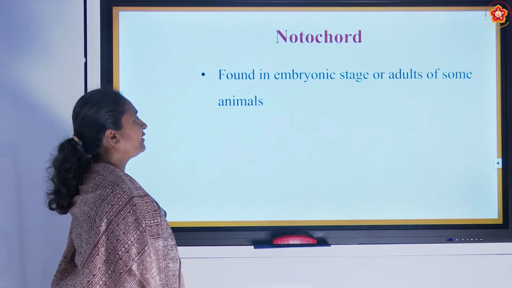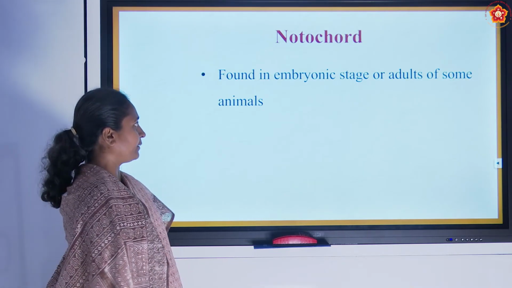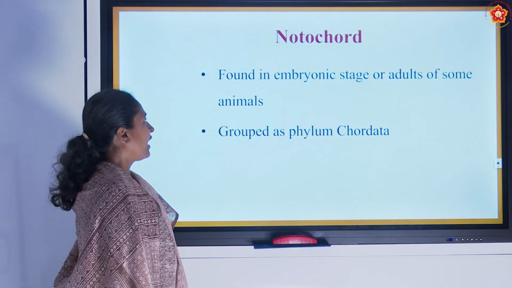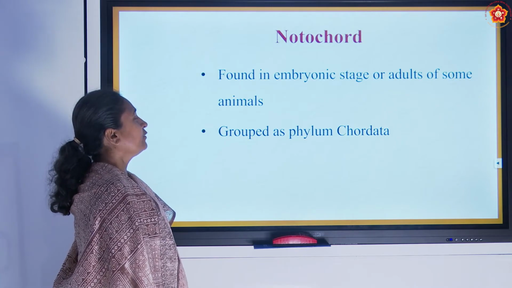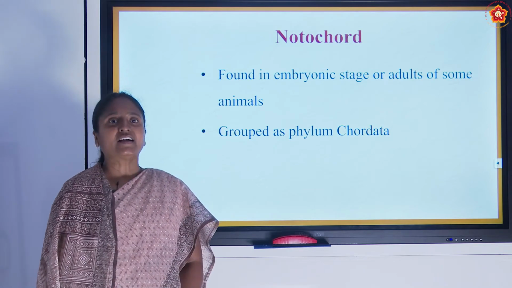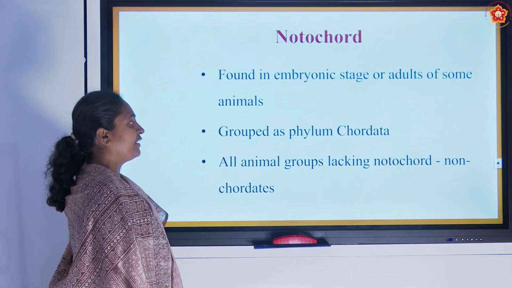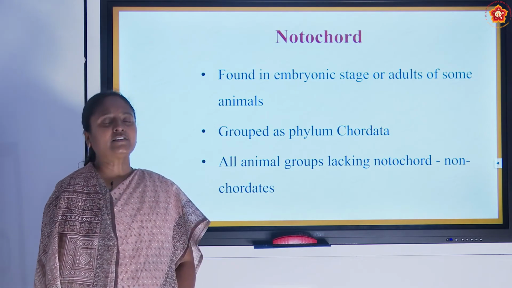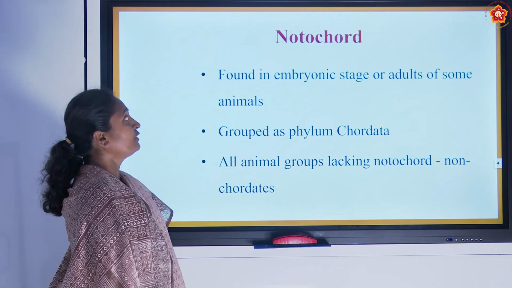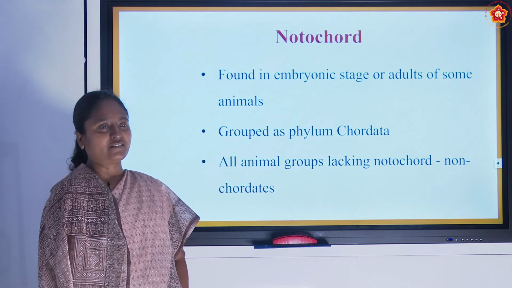The notochord may be present in the adult or in the embryonic stage, any one of them, while some animals won't have it at all. The organisms having the notochord during the embryonic stage or adult come under the phylum Chordata. And all the animals which do not have this notochord are known as non-chordates. So, chordata and non-chordate are the two different categories based on the presence or absence of the notochord.